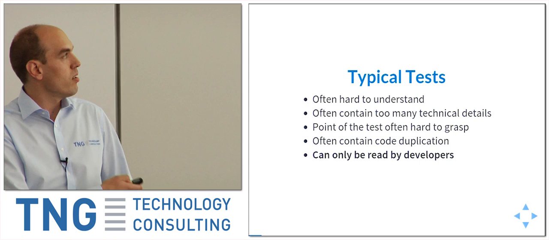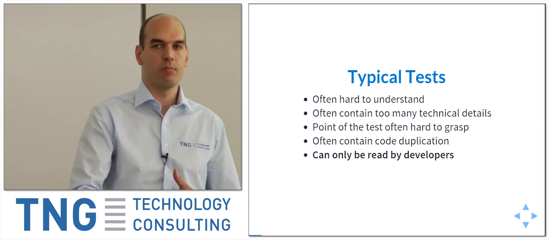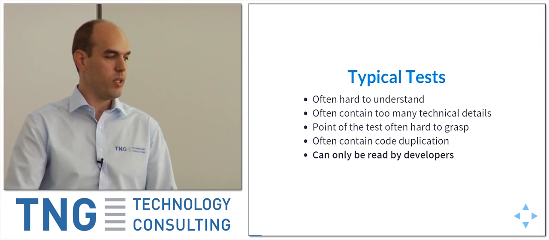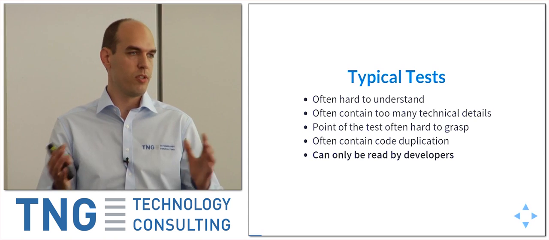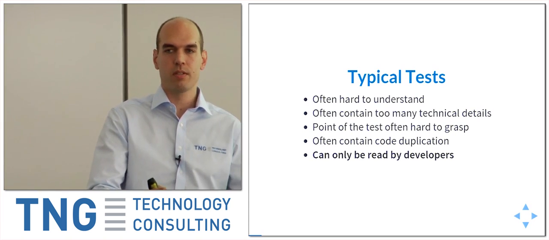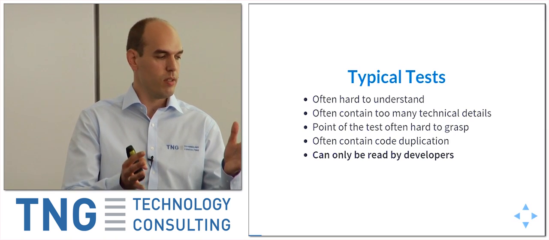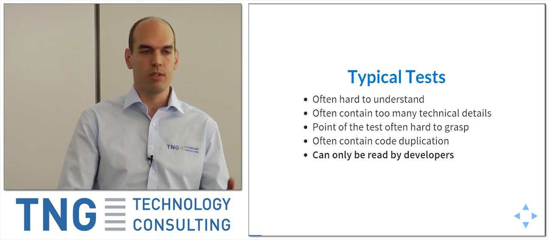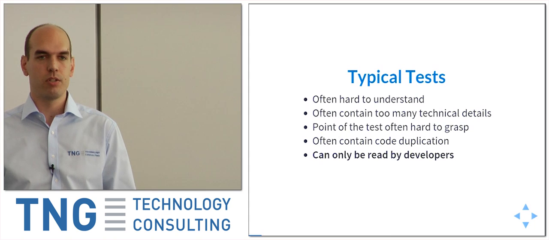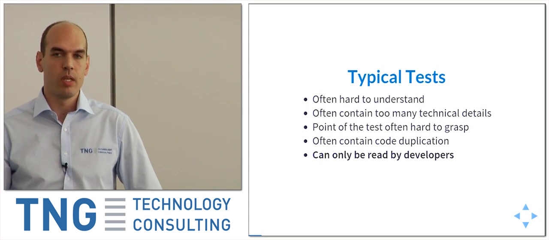But finally, the main problem is that the tests can only be read and understood by developers. So if you're doing test-driven development, it might be that 50% of your time you're writing tests and you have a large test code base, and these tests can only be read by developers and not by the business people who write the requirements or who want to know what the system is doing.